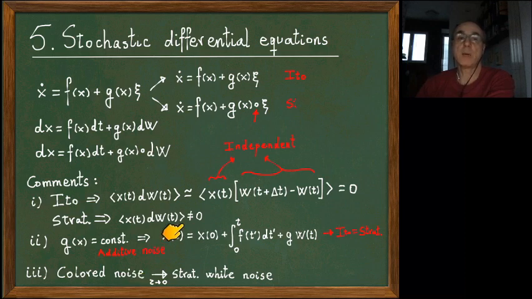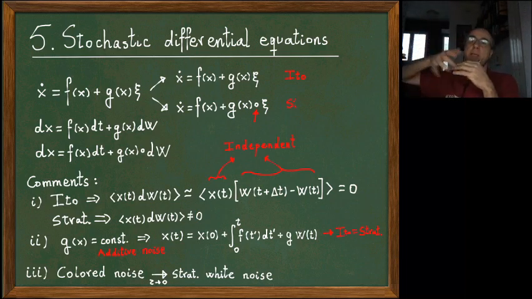So one could ask, why Ito? Ito is appropriate, for instance, in financial markets, when the price of a stock or asset tomorrow depends on the price yesterday plus some noise or some function of the noise.